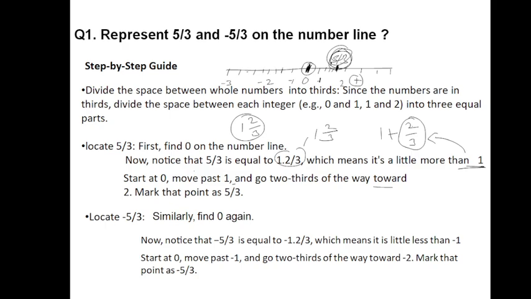Similarly, we follow the left side of this number line. Find 0 again. Now notice that minus 5 by 3 is minus 1 plus minus 2 by 3.